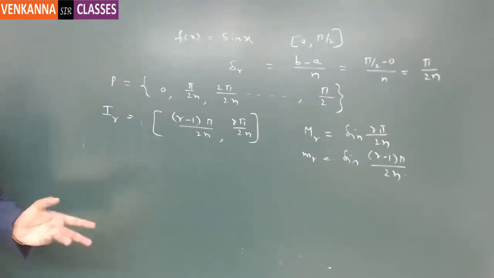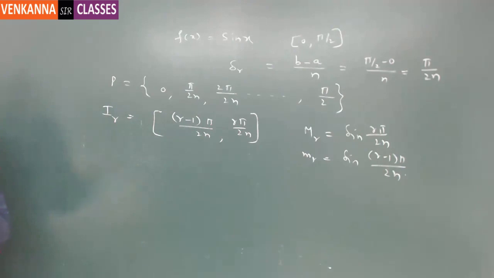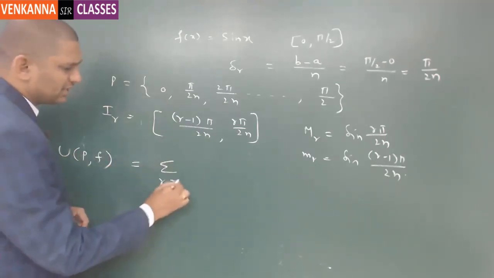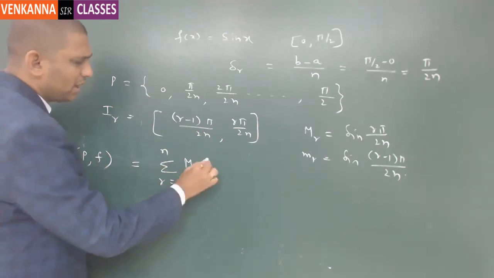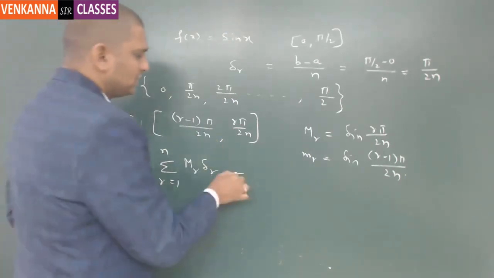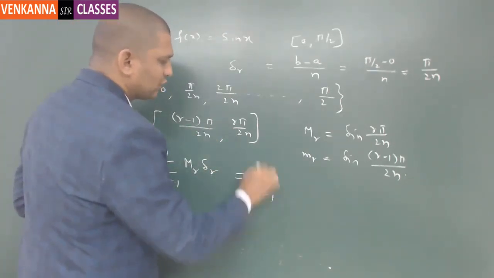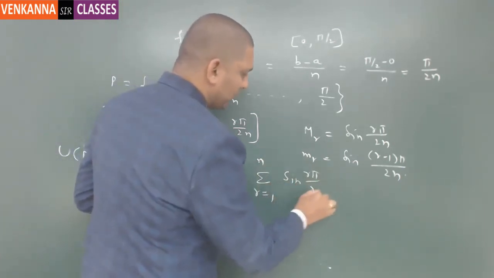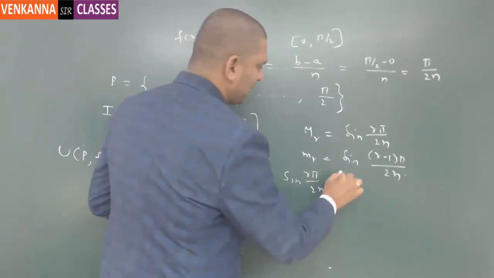Now you are going to calculate UPF as well as LPF, anything you can take. Suppose you have taken UPF. This is nothing but summation r is equal to 1 to n of mr delta r. So this is equal to summation r is equal to 1 to n of sin r pi by 2n into delta r, meaning pi by 2n.